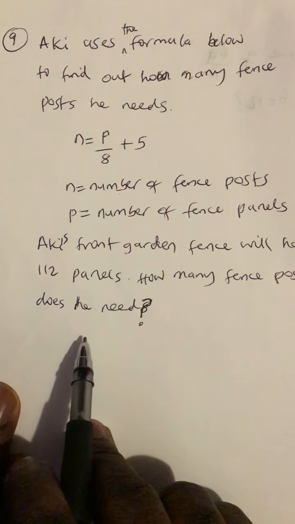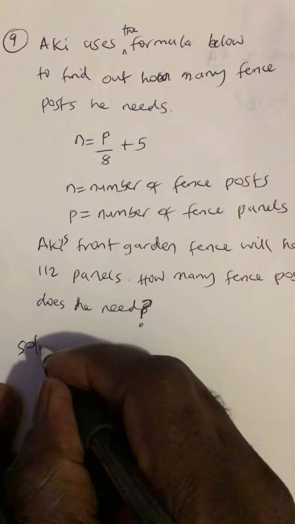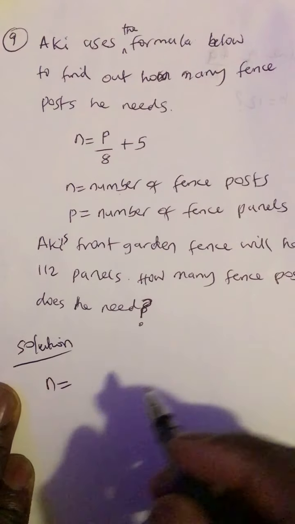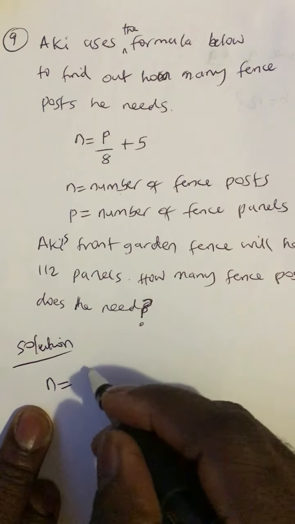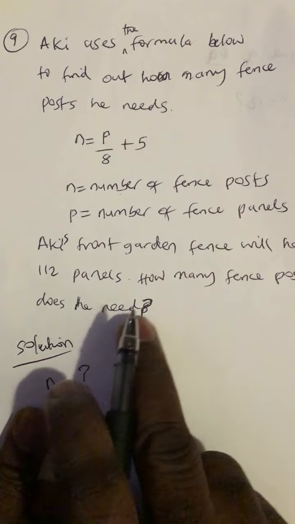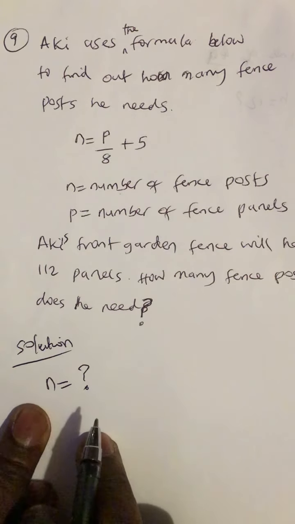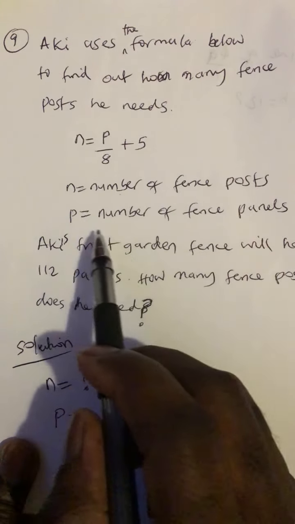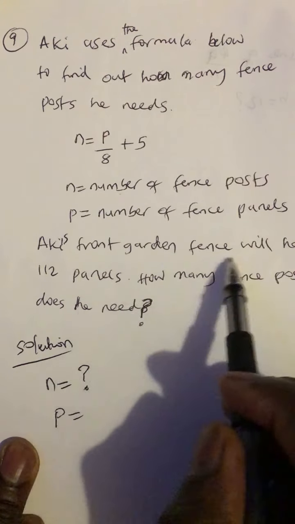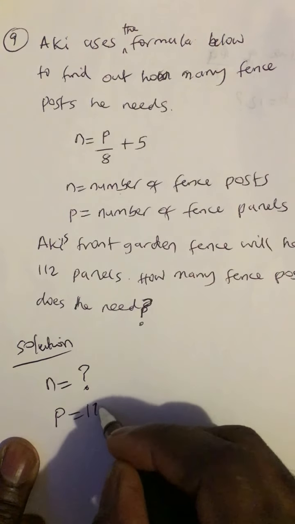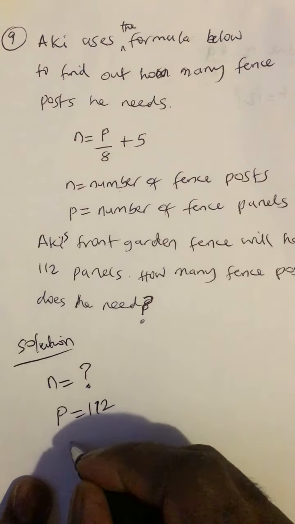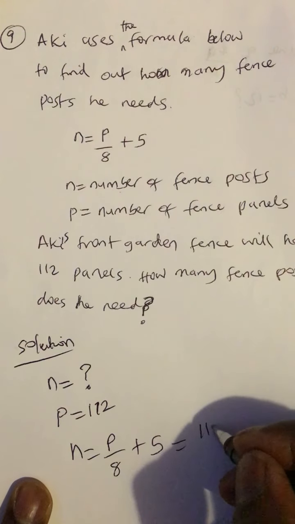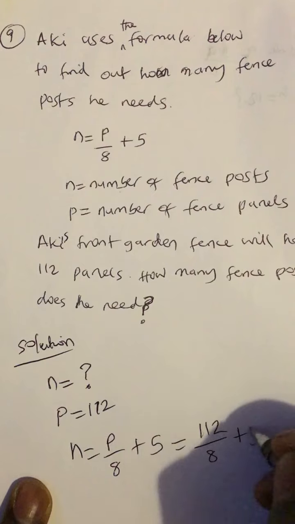This is a simple question. We have n here, which is the number of fence posts, what we're looking for. P is the number of fence panels, and here we're given 112. So if we substitute into the equation n equals p over 8 plus 5, it will give us 112 over 8 plus 5.